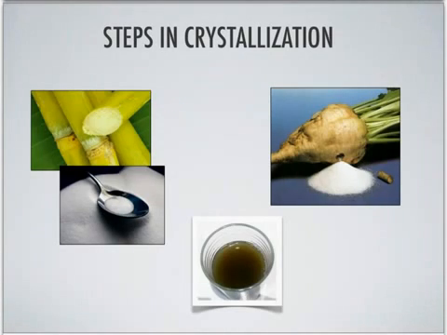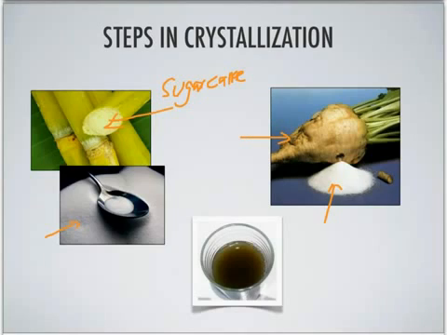Let's look at the most common example of crystal that we eat every day, the table sugar or sucrose. Commercially, sugar is produced from sugar cane. I'm sure everyone knows about sugar cane. This is my favorite when I was a small kid. And sugar can also be produced from sugar beet.